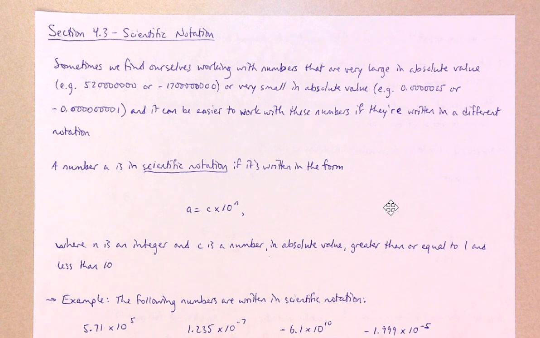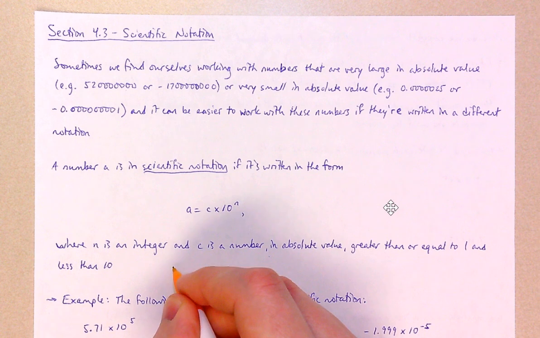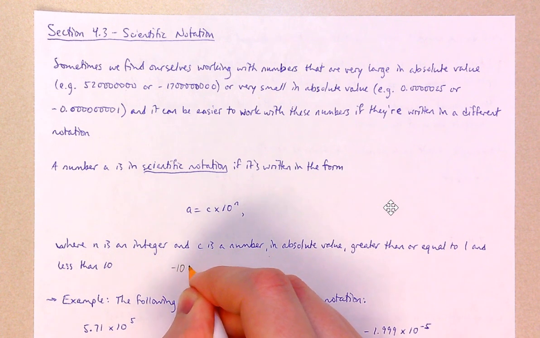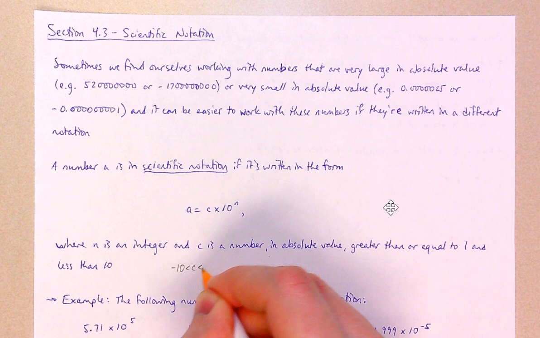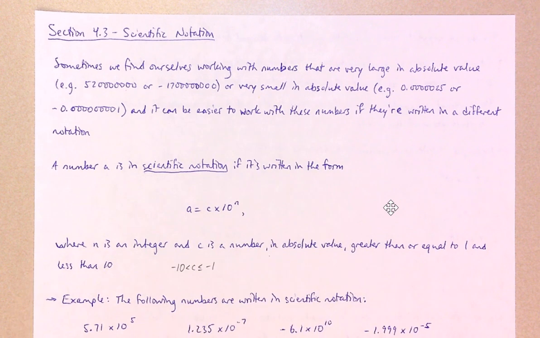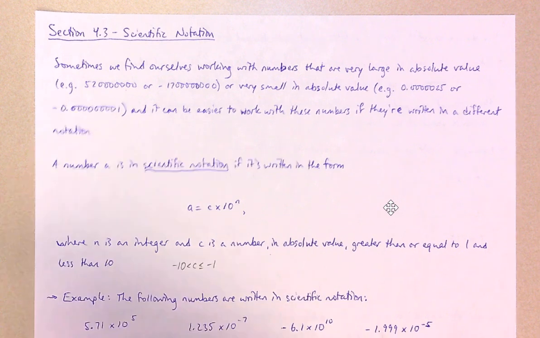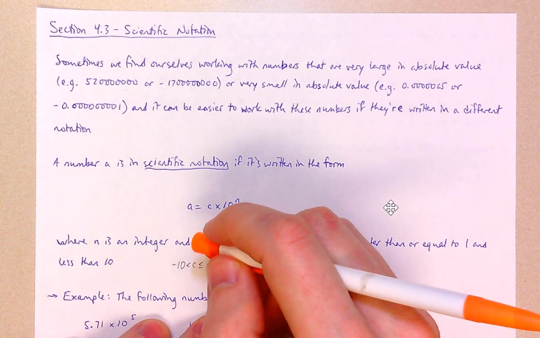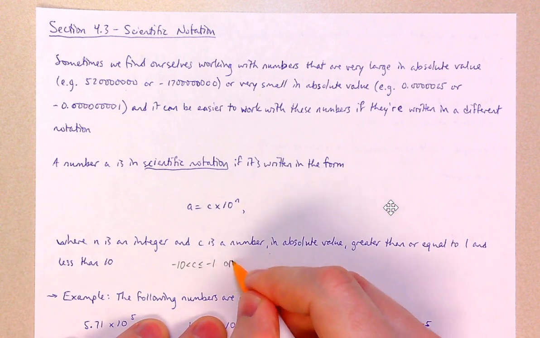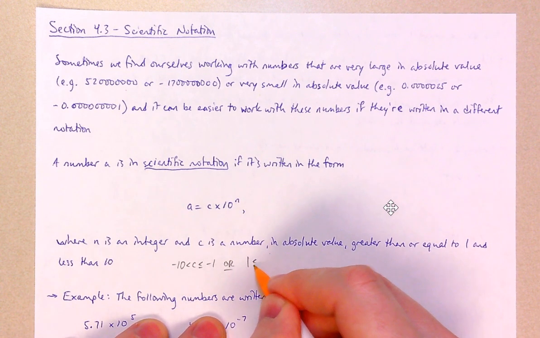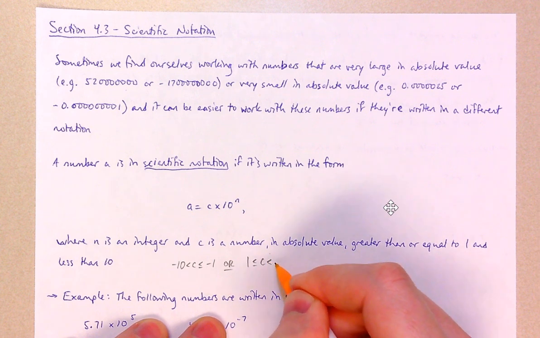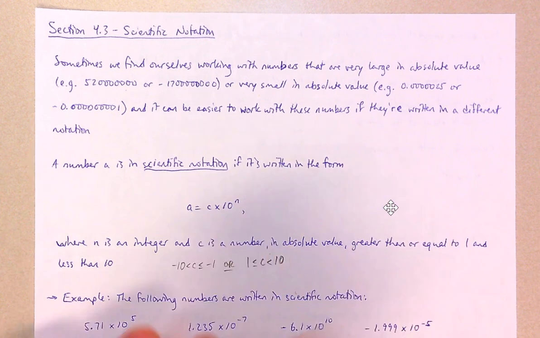And c is going to be a number that in absolute value is greater than or equal to 1 and strictly less than 10. That is to say, c can either be strictly greater than negative 10 and less than or equal to negative 1, or c can be greater than or equal to 1 and strictly less than 10.